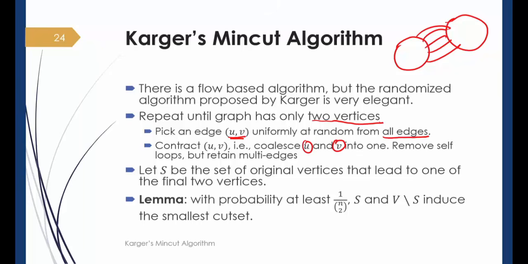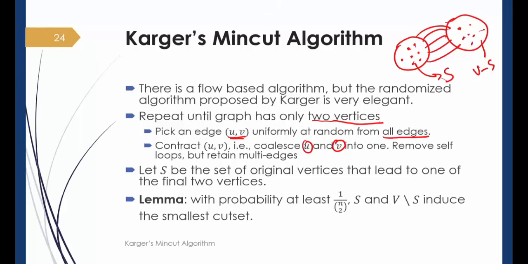But each of these super nodes actually is made up of several original nodes. So, let us pick one of these super nodes, and the set of nodes contained in this super node is simply S. Which means that the other would be V minus S, and this is our candidate cut.